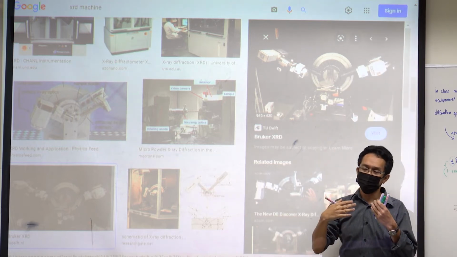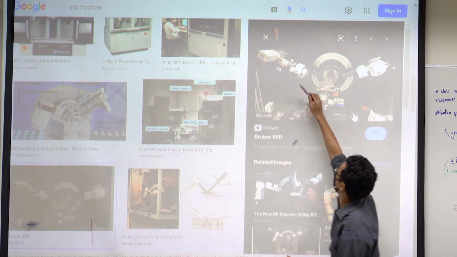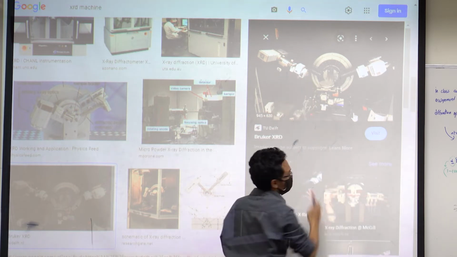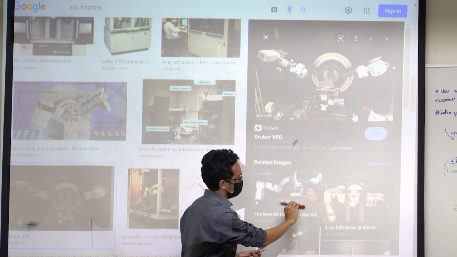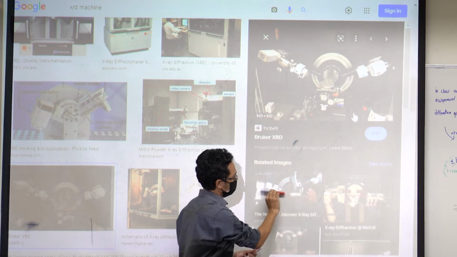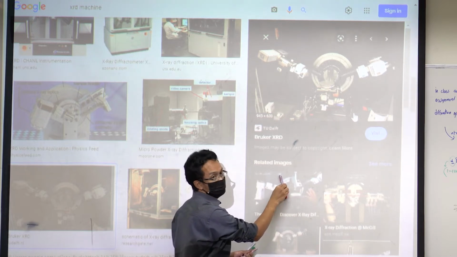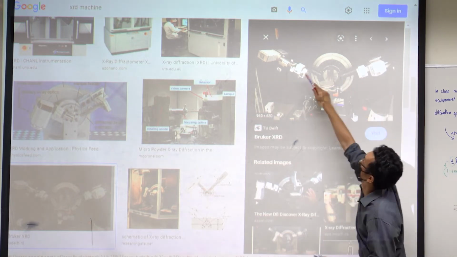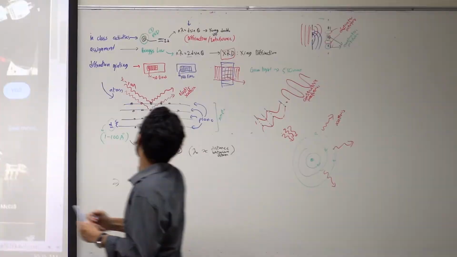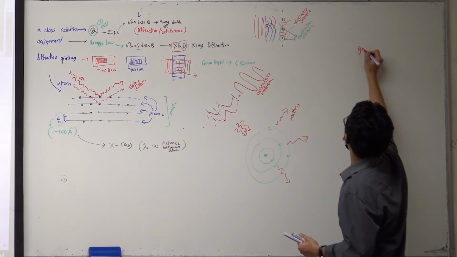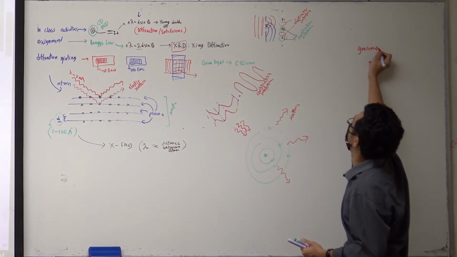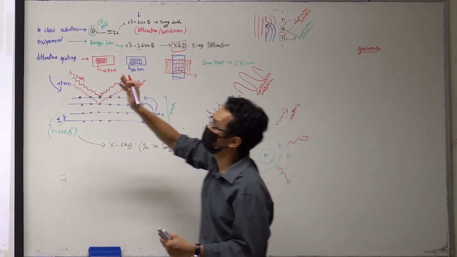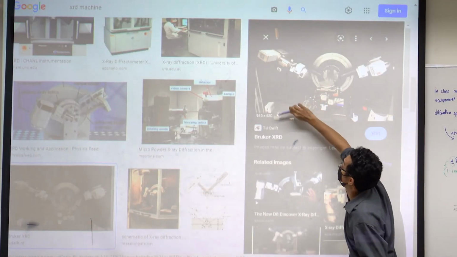When you perform the experiment, this thing will move in angle like this. This thing we call the goniometer. The name is not important, but the idea you need to understand is that it will move in angle.